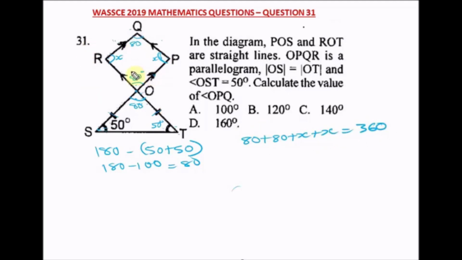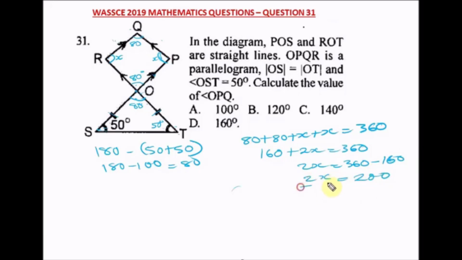That's the sum of angles in a parallelogram. 80 plus 80 is 160, and x plus x is 2x, equal to 360. So 2x is equal to 360 minus 160. What is 360 minus 160? That will give us 200.